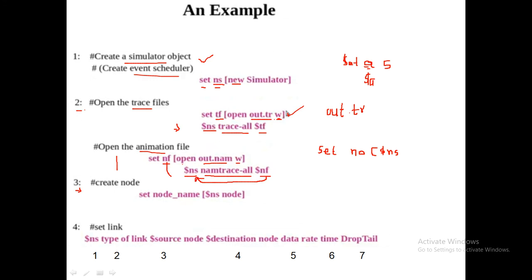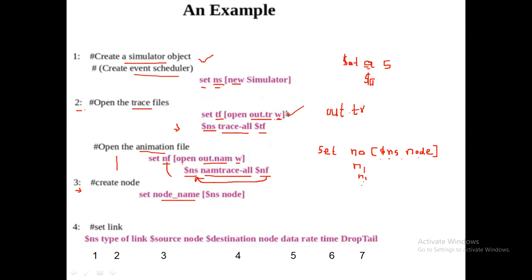So $ns space node. This is the command through which you are going to create one node. If you want to create another node, same thing: n1, n2, n3, etc. However many nodes you want, you keep on creating. So to create a node, the command is set node name, then square bracket $ns node.